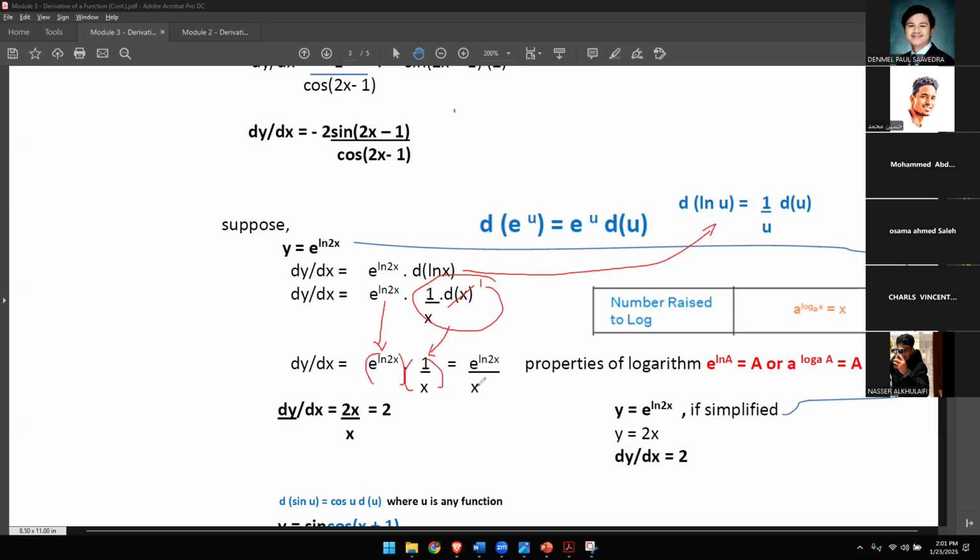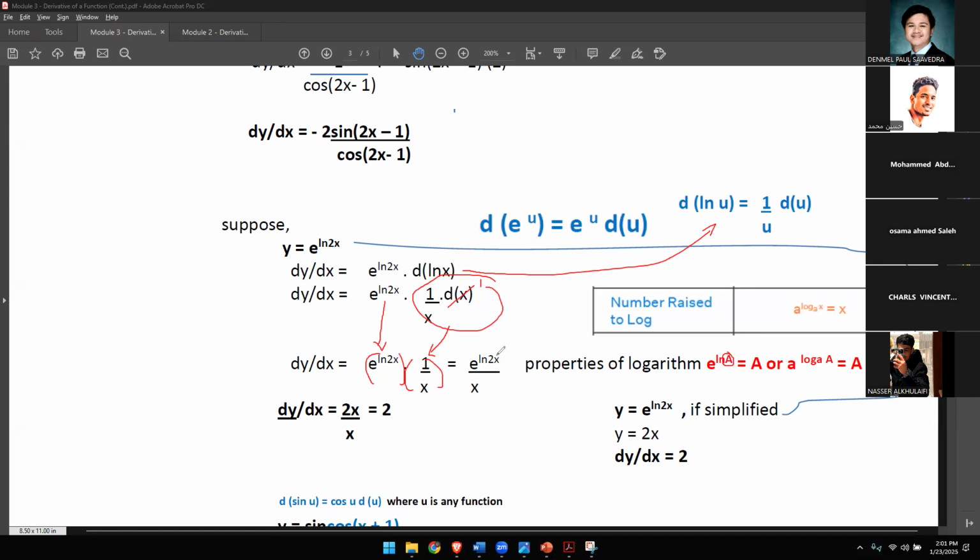Now, one property of logarithm is e raised to ln a is equal to a, or a raised to log a, again, the difference is just capitalization, is just simply equal to a. So it's trying to say that this is just simply equal to 2x, based on that logarithm. If we are going to follow that one, it would be true, because e raised to ln a is just simply equal to that a.